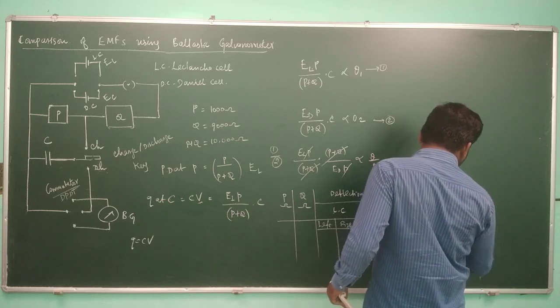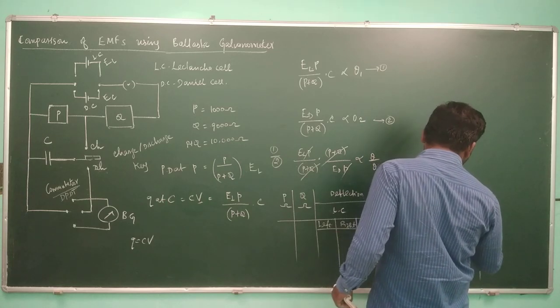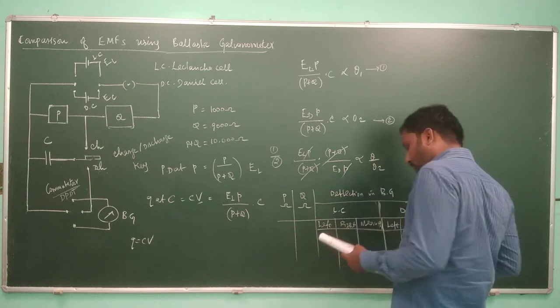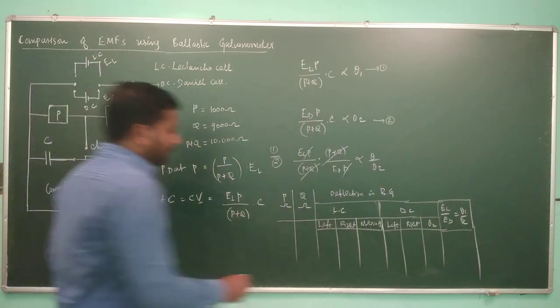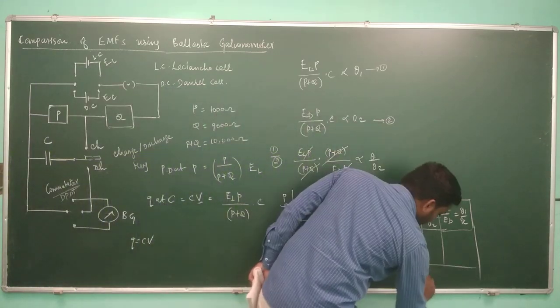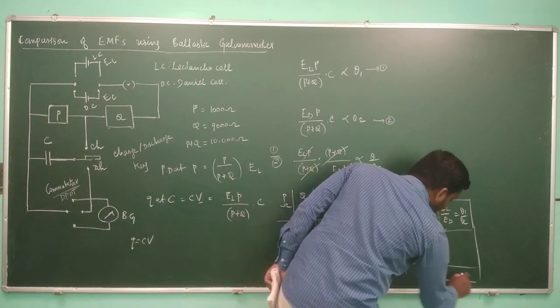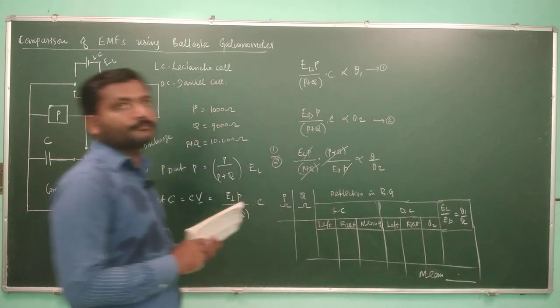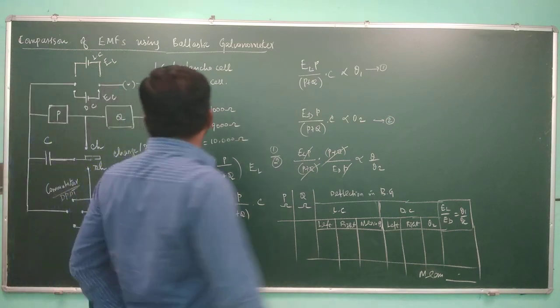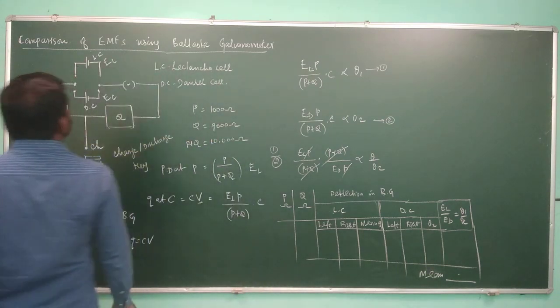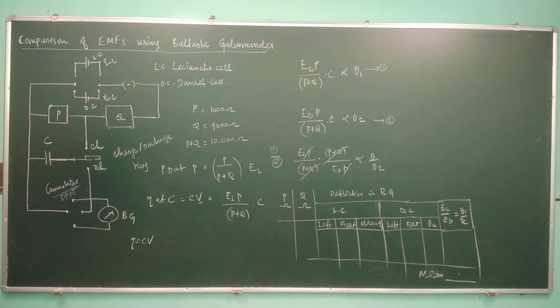So that E_L by E_D is equal to theta 1 by theta 2. And in the final, you can take another mean here also. So in that way, we can compare the EMFs using the ballistic galvanometer, right?